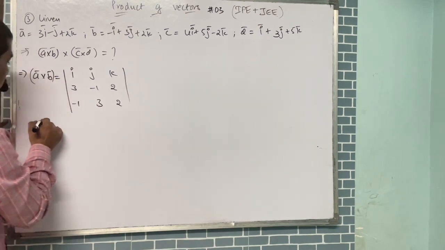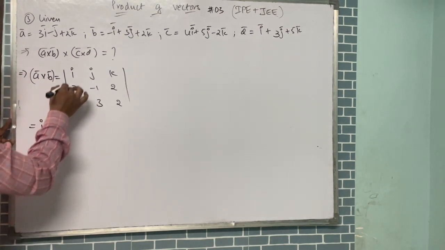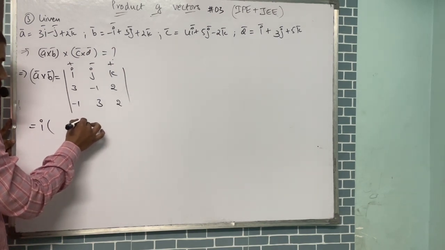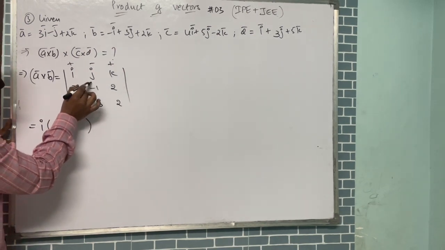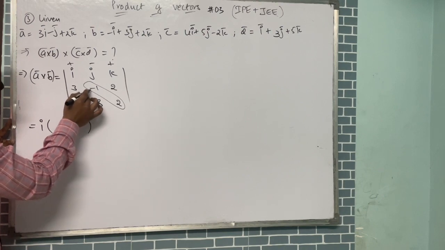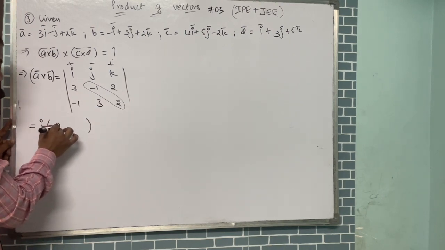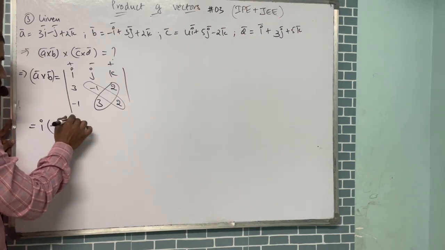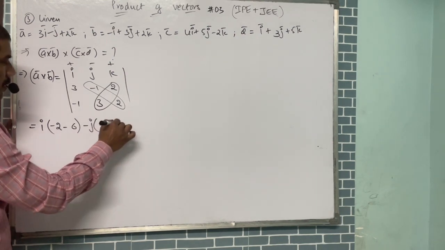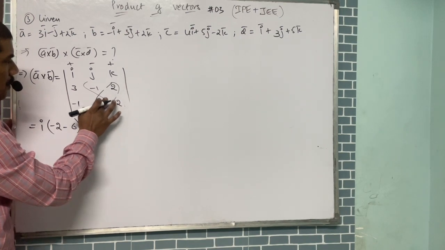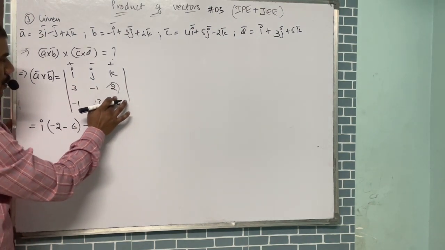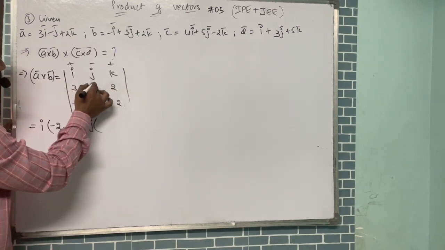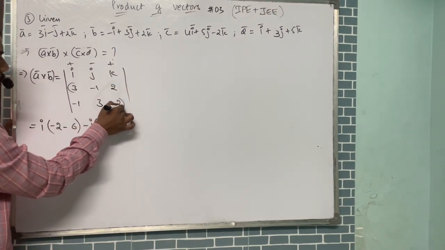Now we should find out I plus minus plus. I'll write in short only, student. You understood already. AD -1 into 2 -2 minus BC 3 into 6 minus J. So now you should do this too.